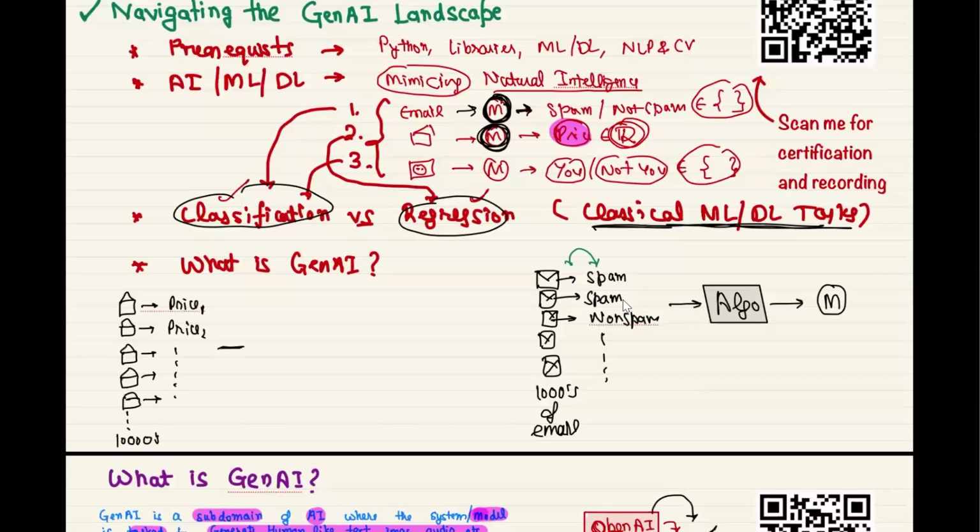And where will I feed all this data? I'll feed it to one of the machine learning algorithms, and this algorithm will be responsible for generating a model that can understand the price of a property. Given a property, it should be able to tell the price of that property.